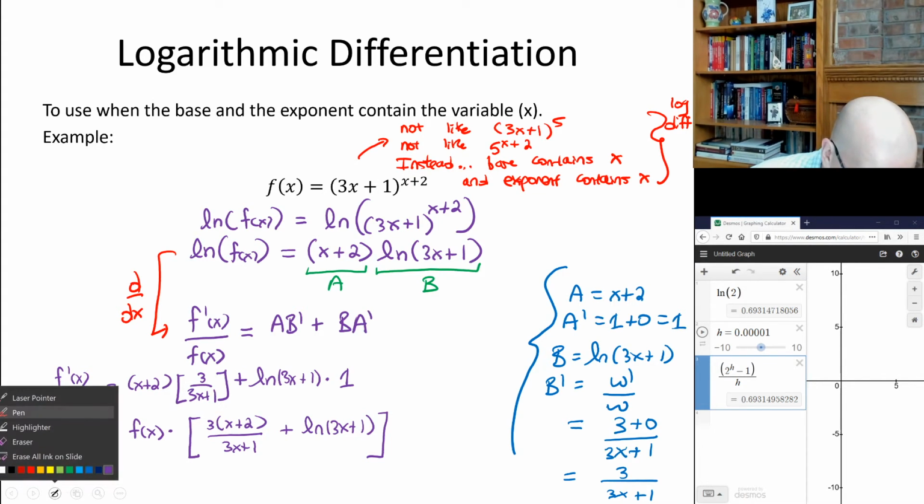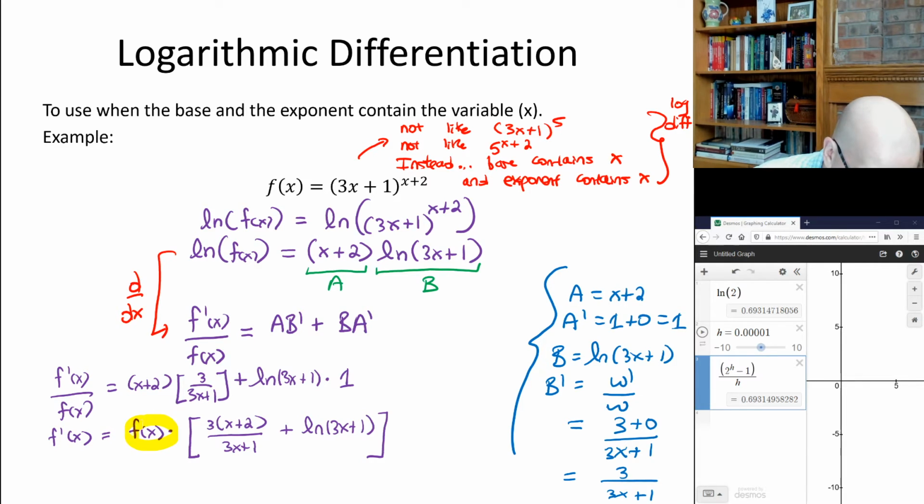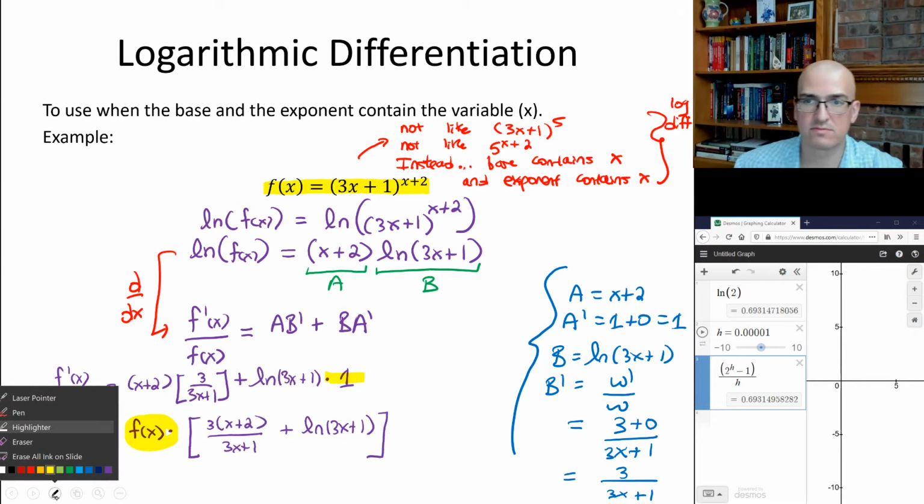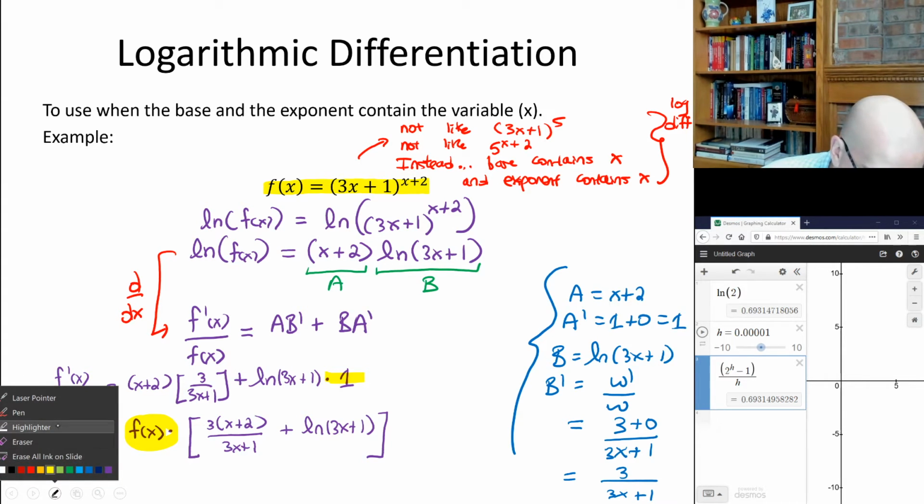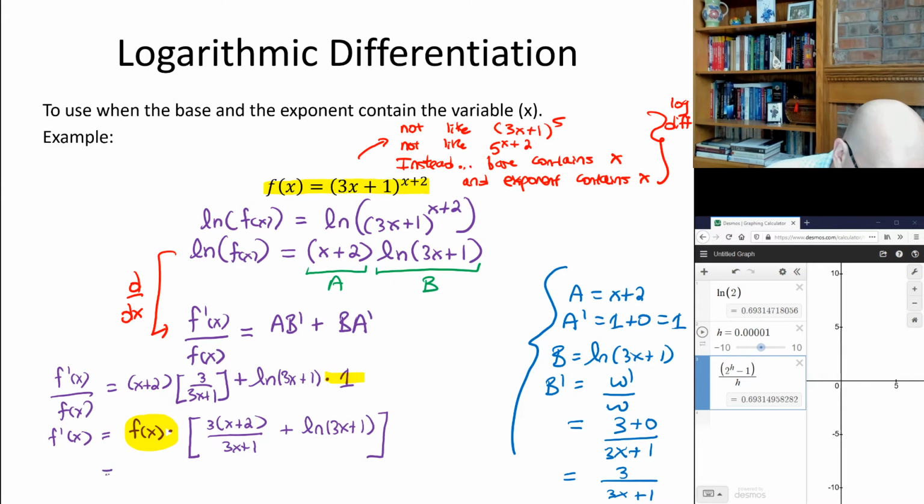Now the last step is to replace the function. Replace f of x with what it was originally, so that our answer actually is a function. Our answer is f prime of x equals useful x stuff.